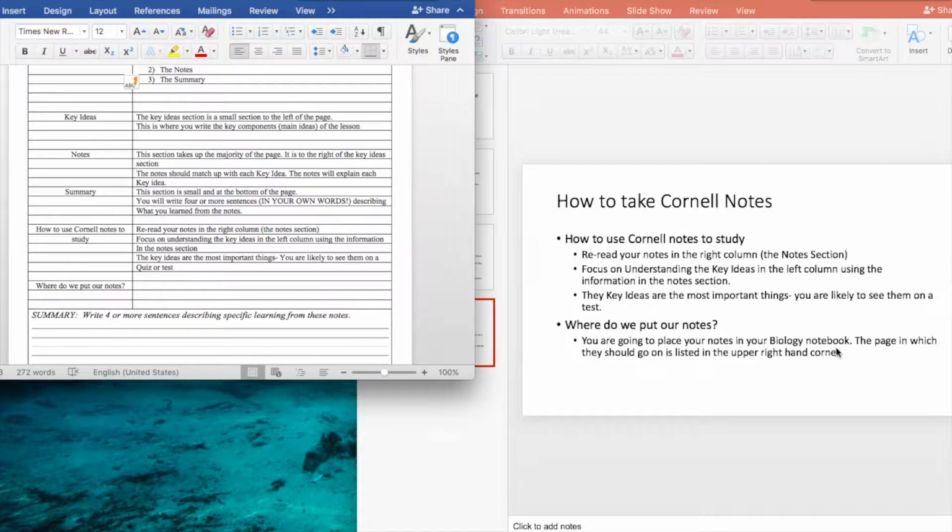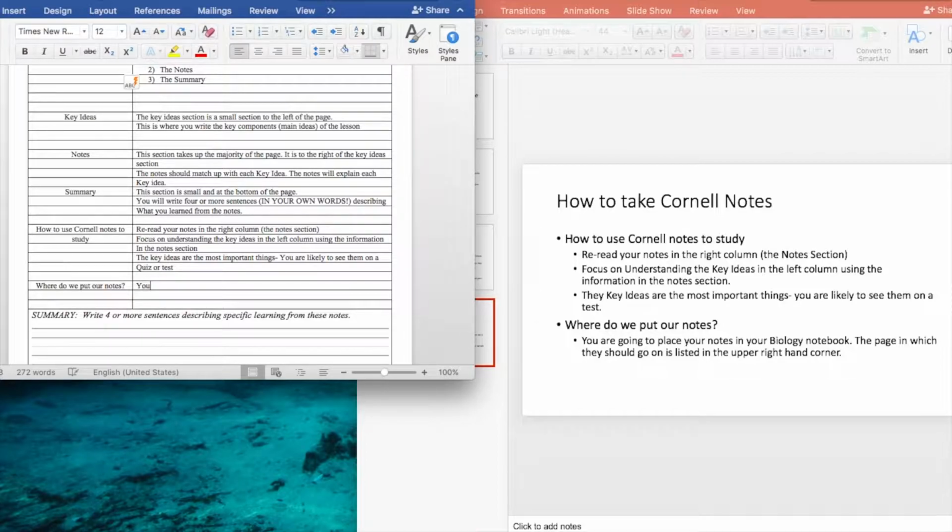You should have told me before today if you needed help getting one. Please make sure you have a composition notebook for class tomorrow so we can go ahead and put it together. All right, so let's go ahead and take our notes on where do we put our notes.